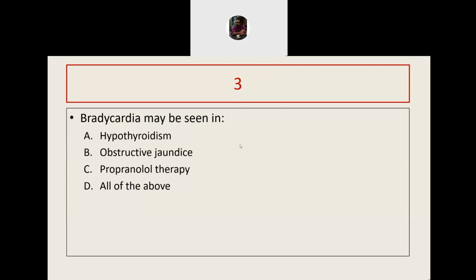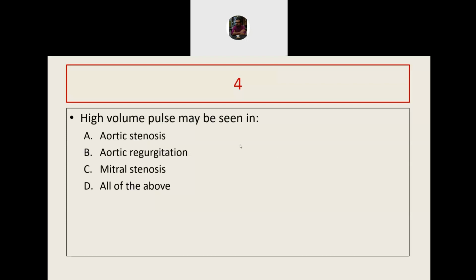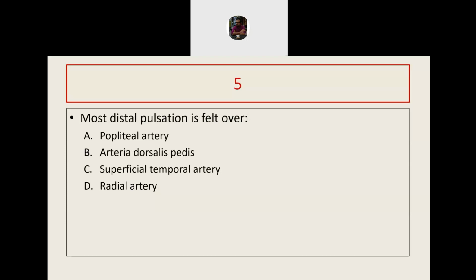Next question. High volume pulse may be seen in. And finally, before we start the discussion, most distal pulsation is felt over.